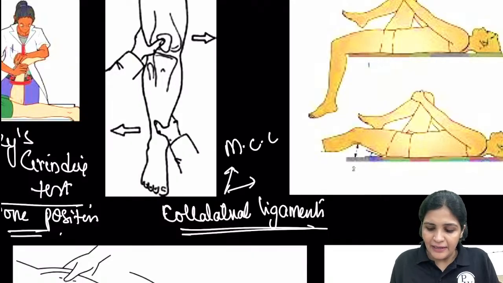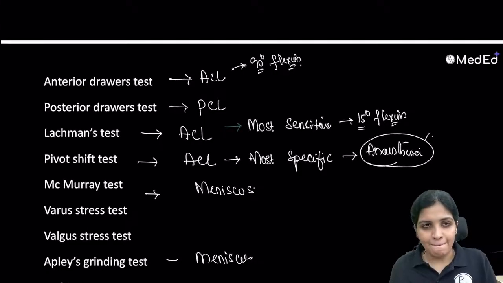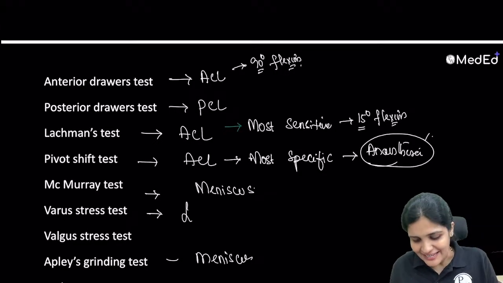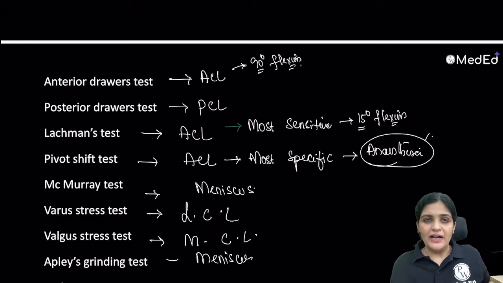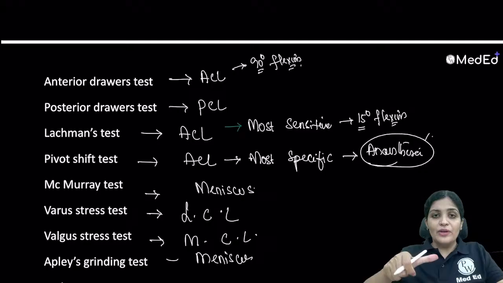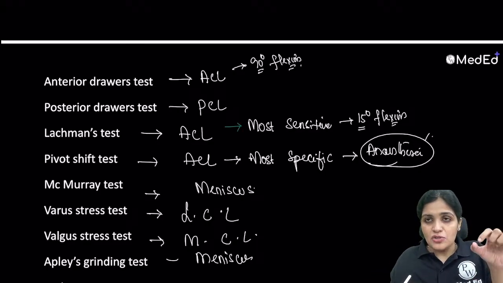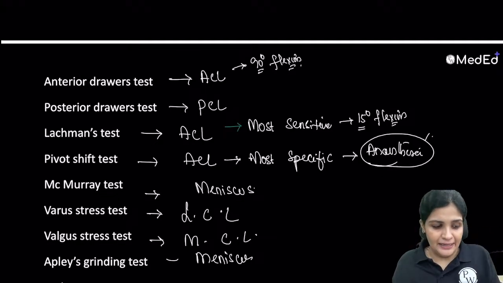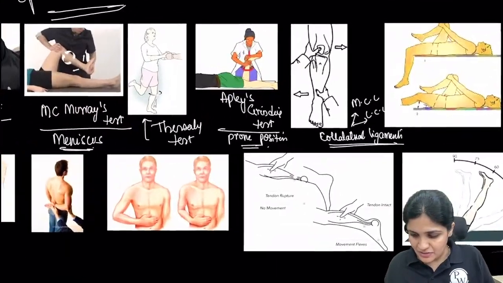Medial collateral ligament, lateral collateral ligament. Varus stress test is for? Lateral, yes, LCL. Valgus is? MCL. Medial collateral ligament, you give valgus stress test. Whenever you're doing valgus, you're stretching the medial side, right? So there will be opening of the medial compartment if there is an MCL tear.